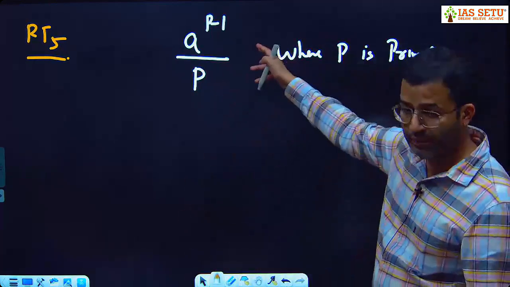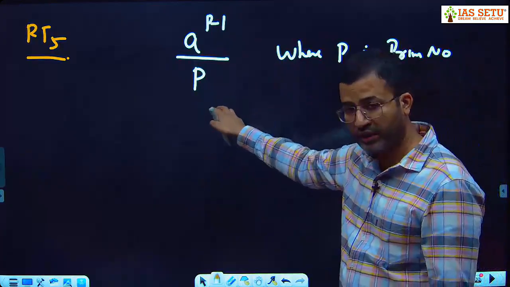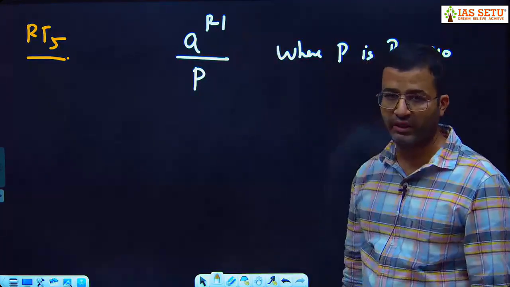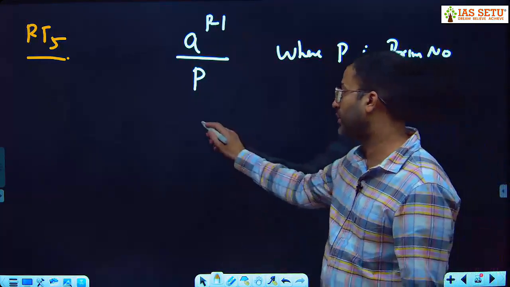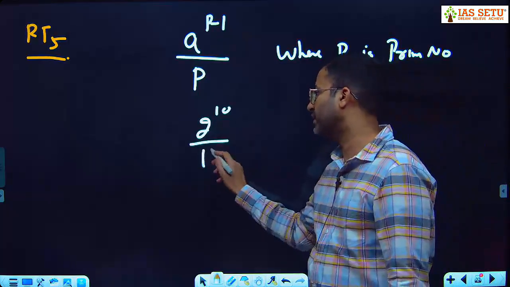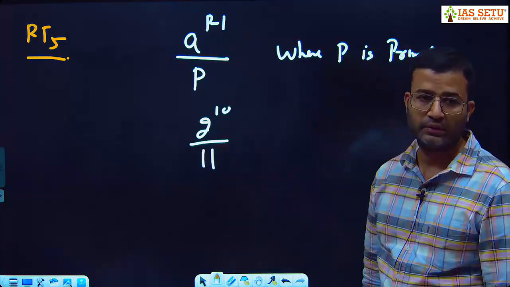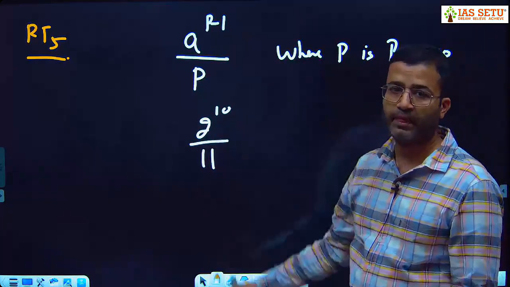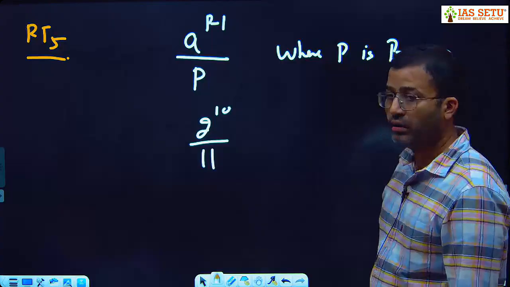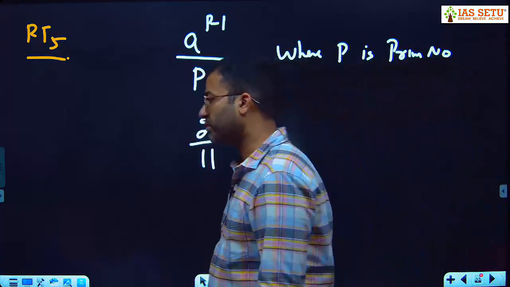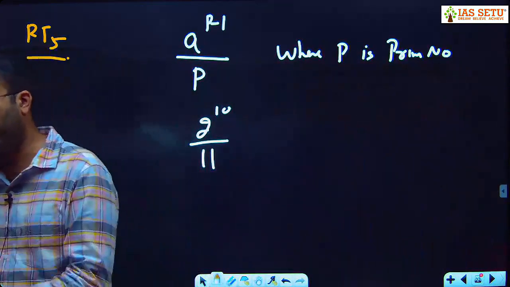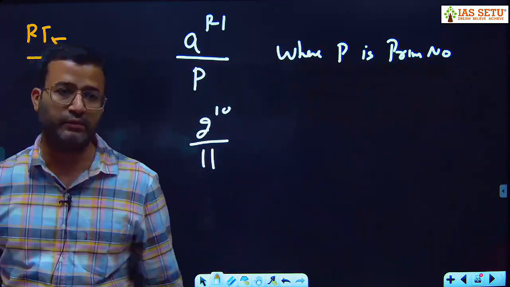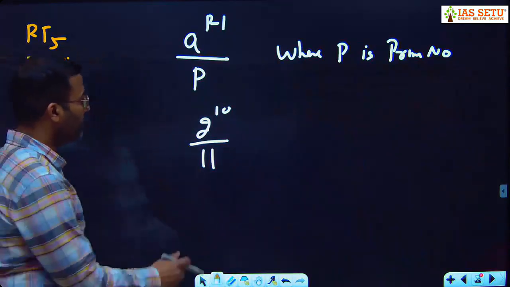I give you an example like 2 to the power 10 divided by 11. 11 is a prime number, power is 1 less, 10. I repeat, a to the power p minus 1 upon p, denominator prime number, power 1 less as compared to denominator.